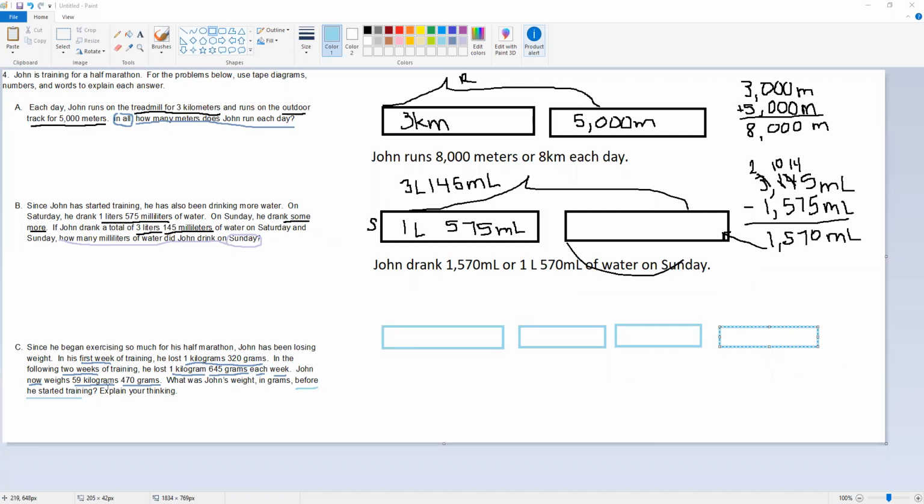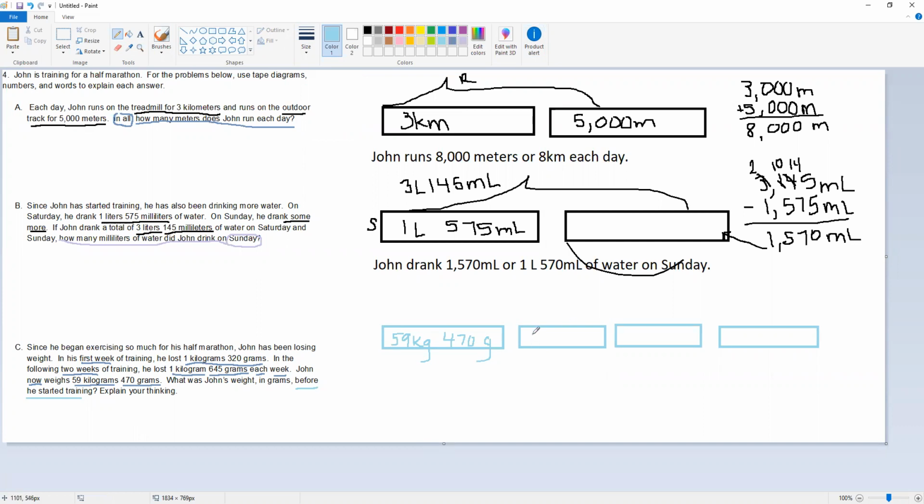Okay, so real quick, we know that he now weighs 59 kilograms, 470 grams right now.